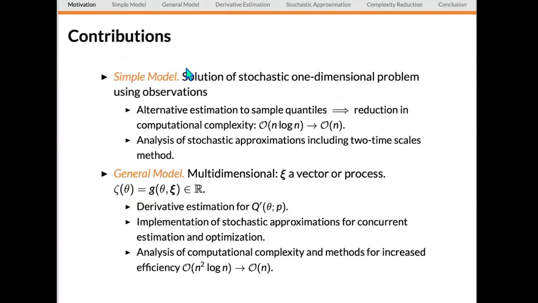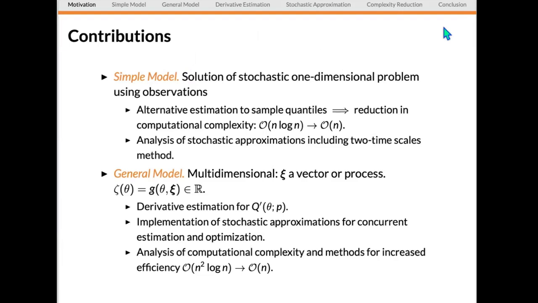So the contributions in this talk. For the simple model, we have used observations in order to estimate the quantile, because we assume that we don't know the quantile, and we have several ways to estimate these quantiles. And by doing one little trick, we were able to reduce the computational complexity from n log n to n.